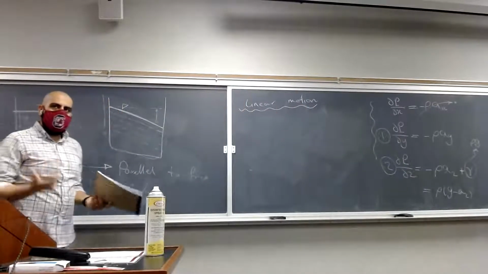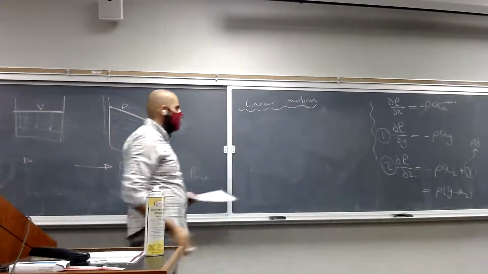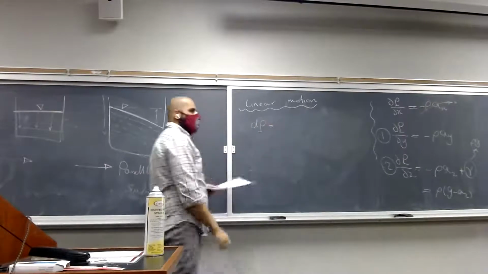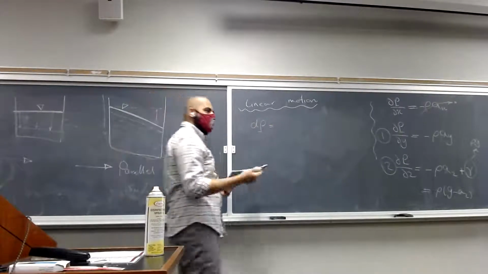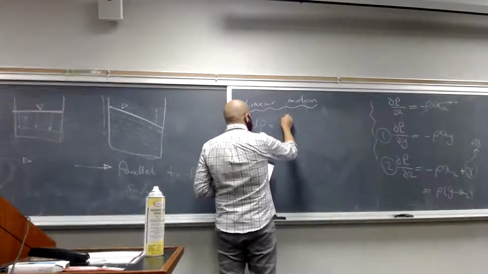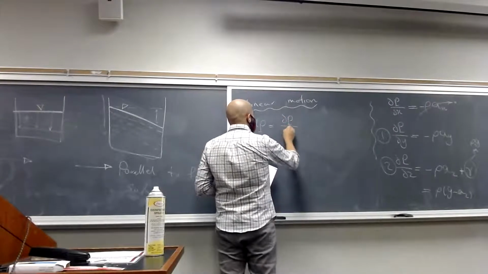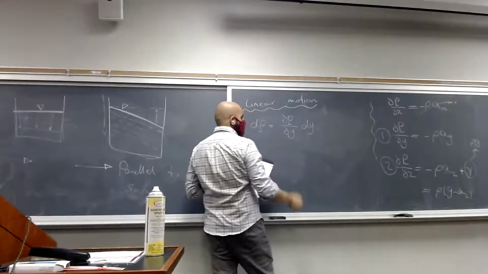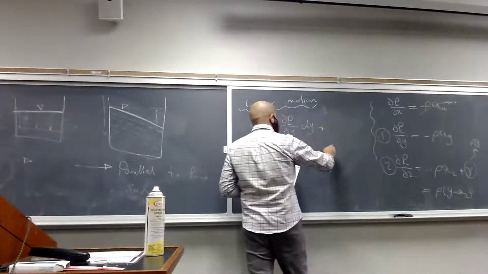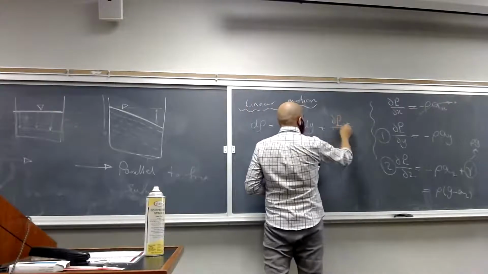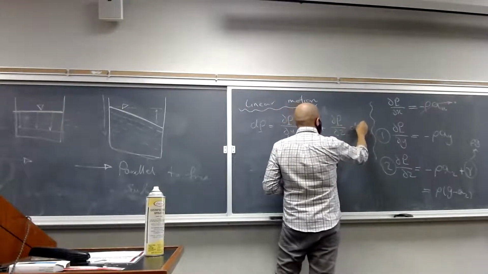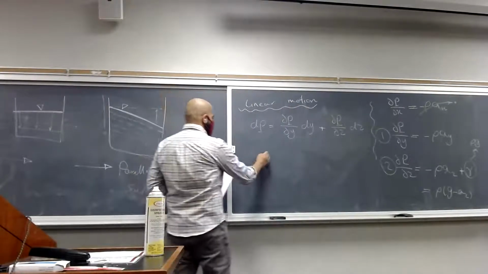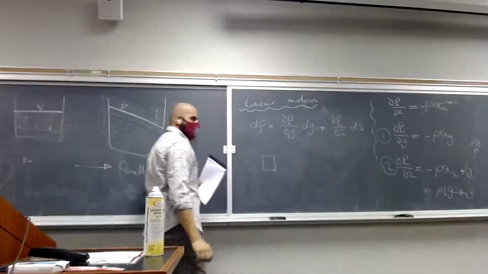But how can we formulate the total changes in pressure, or dP? If you go back to your mathematics, the total changes in pressure can be equal to the partial changes in pressure in the y direction multiplied by a small distance in the y direction, plus the partial changes in the z direction, dz. What does this mean? Let's say you are dealing with a small element of this fluid.